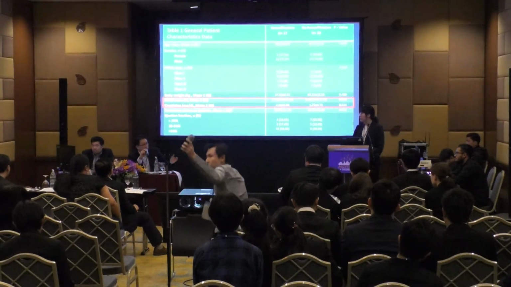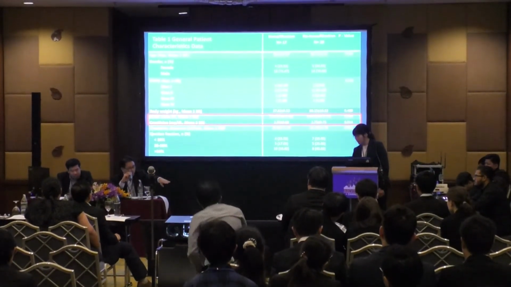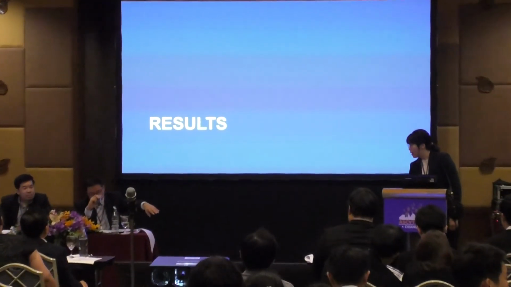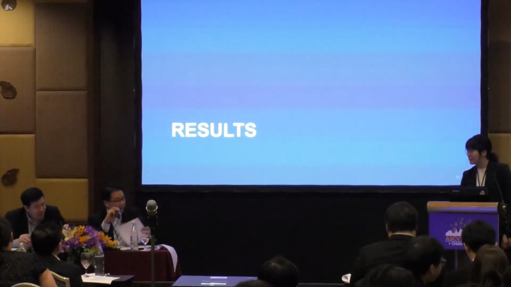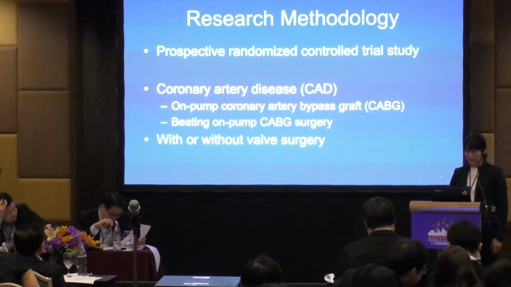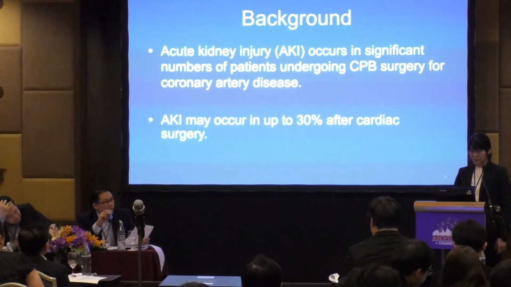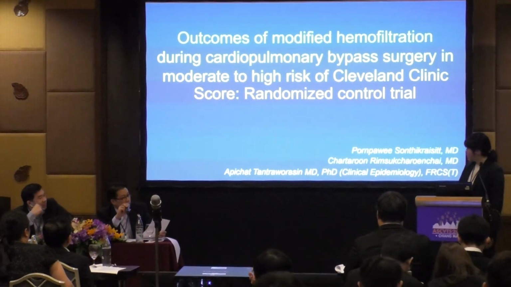Could you please go back to the first slide? May I comment a little bit about your research headline? Yeah, the first one. Is the Cleveland Clinic score always for the kidney result? You mean the Cleveland Clinic score, right?